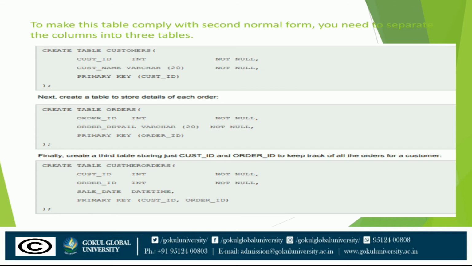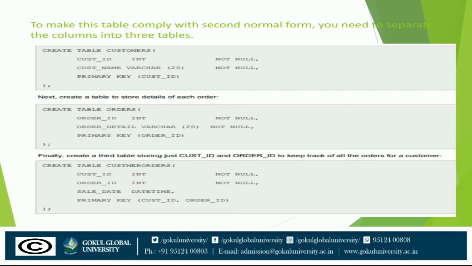See the example. First, create a table to store the customer details. Create a customer table with the fields customer ID and customer name varchar, and customer ID is declared as a primary key.